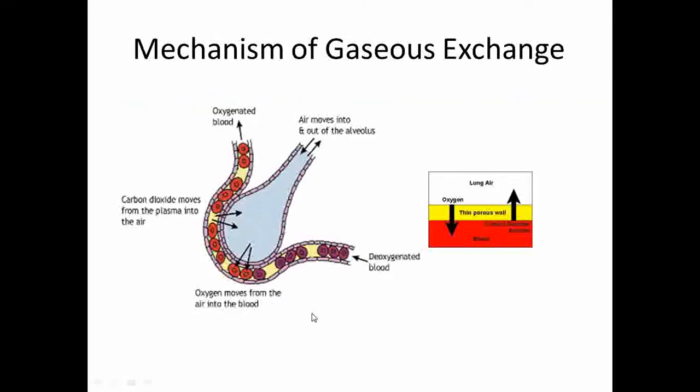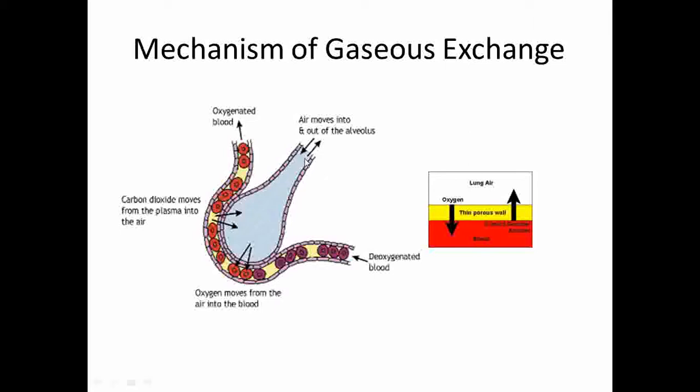So just to explain that again, we've got our tiny little air sacs called alveoli, and the air comes in and out of the lungs and goes into the alveoli, and the capillaries, which are the small blood vessels, connect up with the alveoli. The deoxygenated blood comes in, and then the carbon dioxide jumps across and gets pushed out of the lungs.